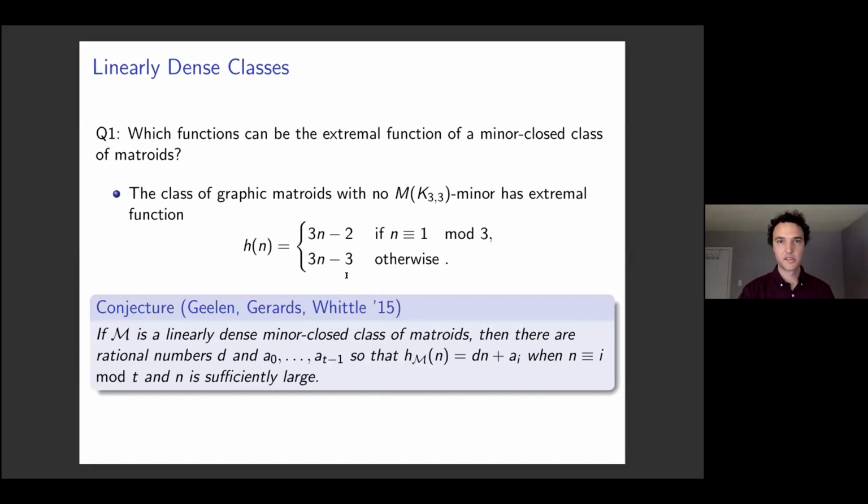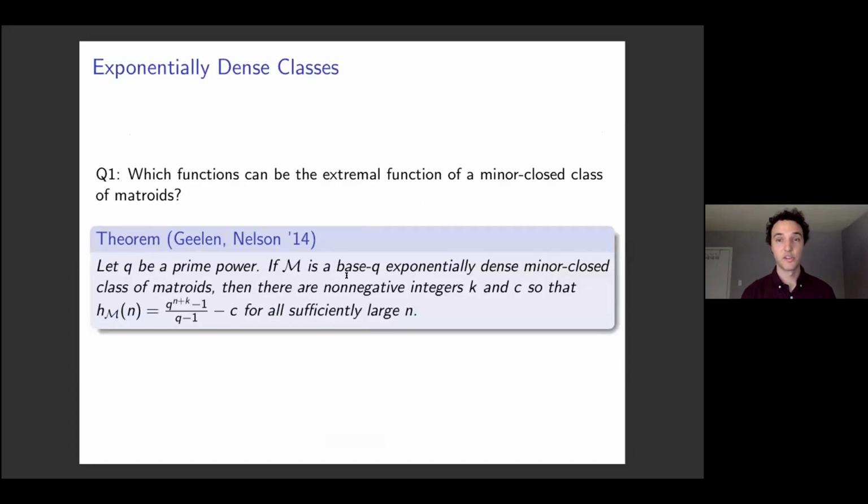For exponentially dense classes, the story is quite different. Jim and Peter were actually able to completely characterize the possible extremal functions for exponentially dense minor closed classes. So here's what they proved.